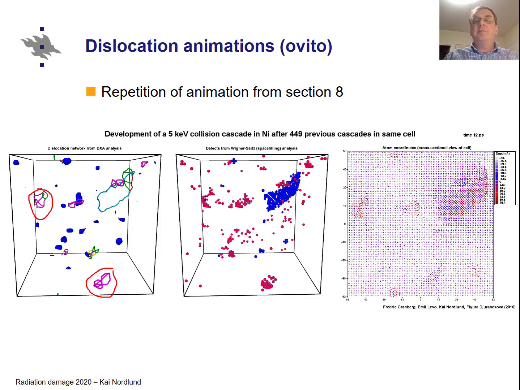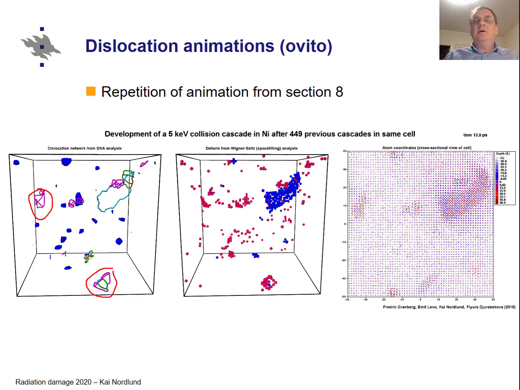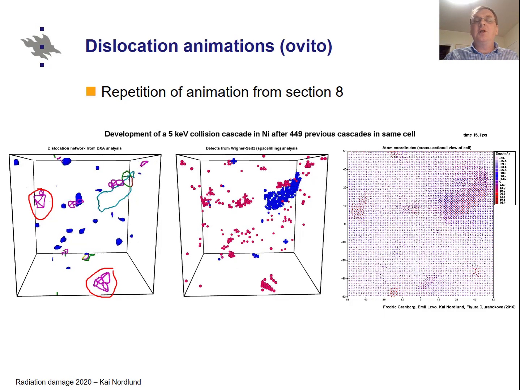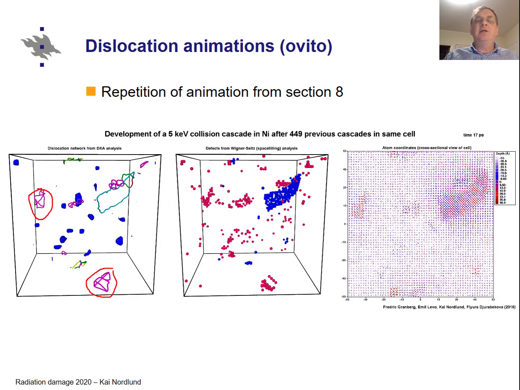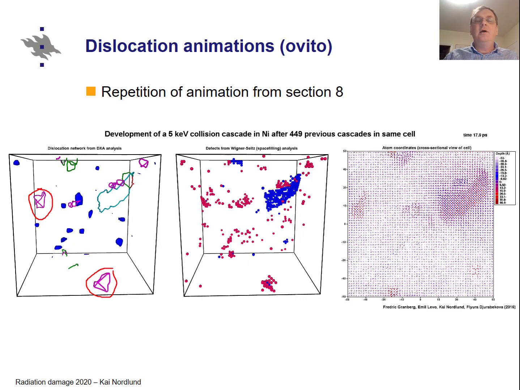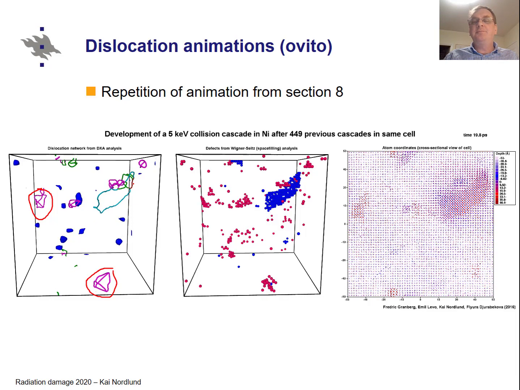This is typical on molecular dynamics time scales. If I would anneal this at slightly higher than room temperature, it's quite certain that all these dislocations would have a geometrically more simple and more symmetric shape.